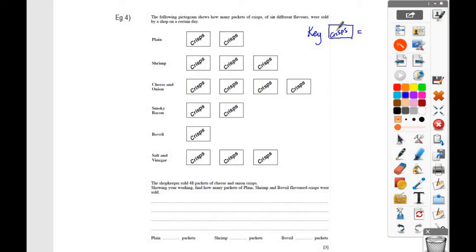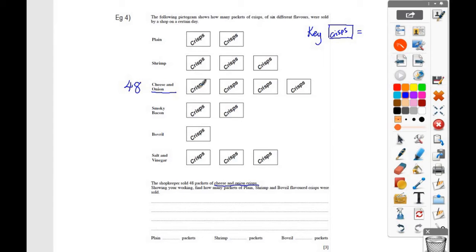and see, can we find some information? Well, if we look at the bottom, the shopkeeper sold 48 packets of cheese and onion crisps. Underline that because it's important information. Cheese and onion crisps, 48 packets were sold.